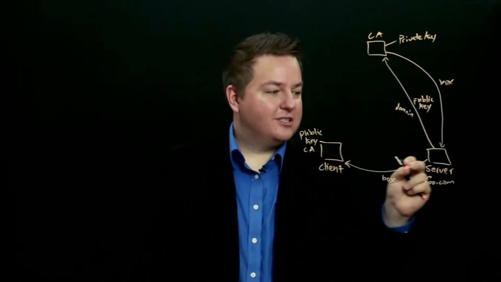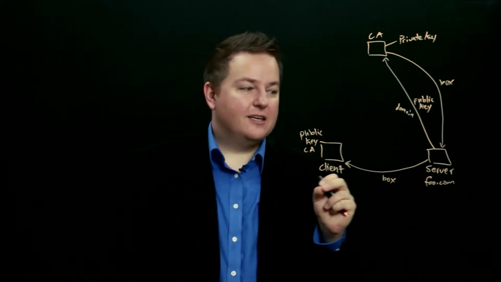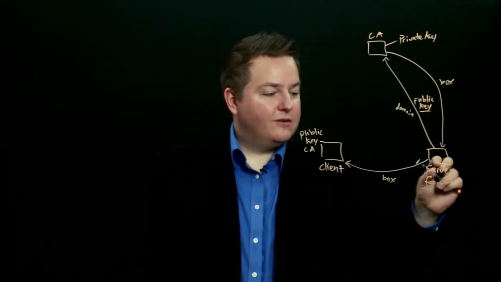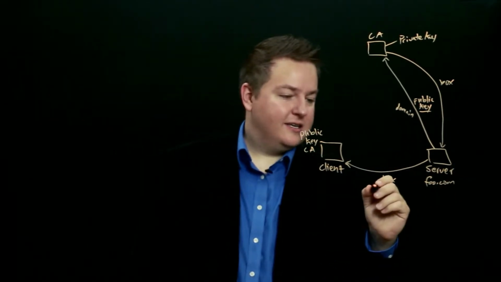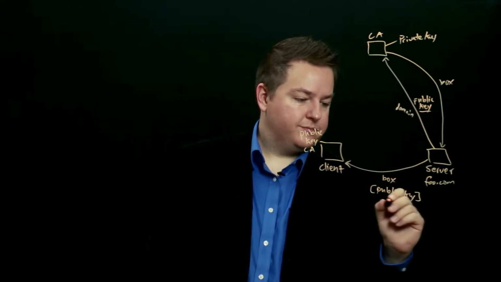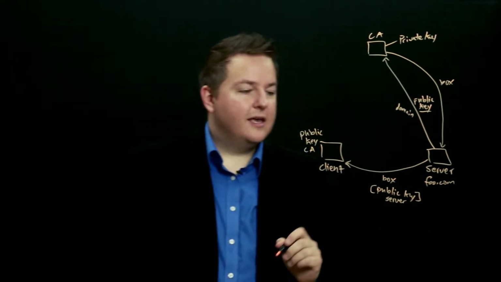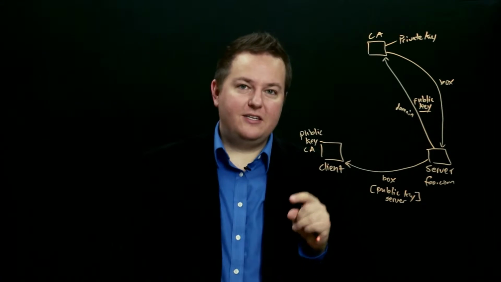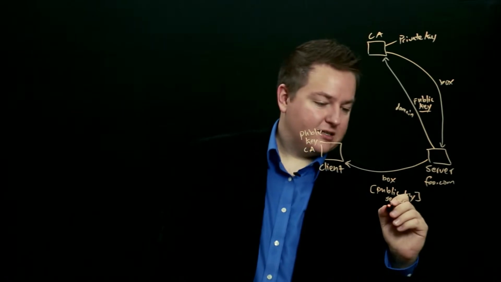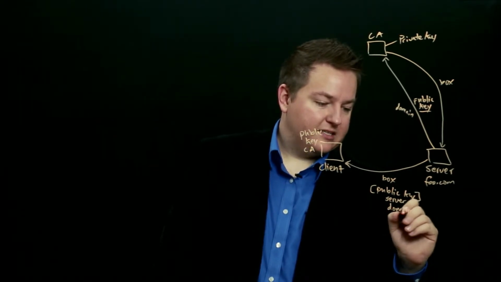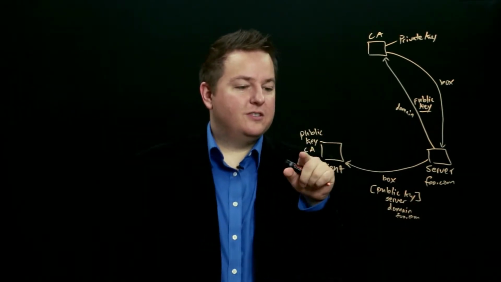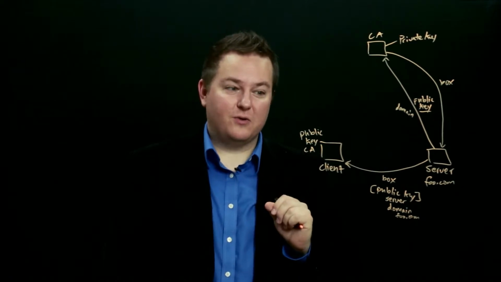And now, whenever the server needs to give its key to a client to communicate with it, in this case give it its public key, the server sends that box that has the public key in it. And the client can guarantee and check that nobody has intercepted it, and this also has the domain, by the way. So in this case, it would be foo.com. The client can use the public key that it already has for the certificate authority, which it trusts.